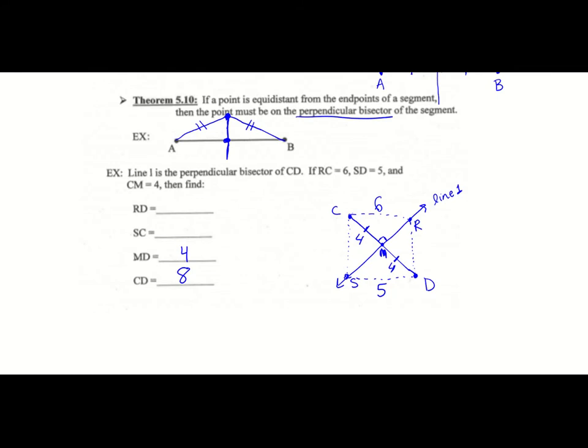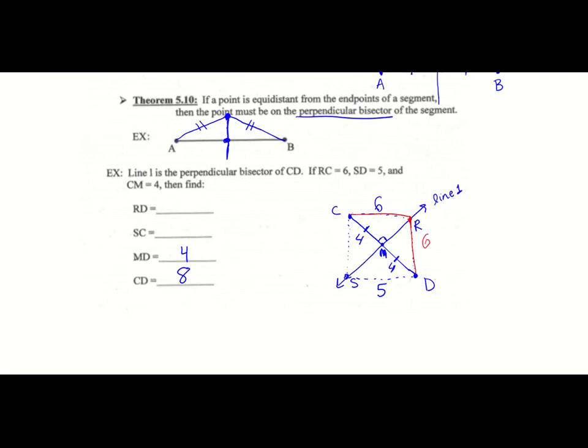Now if I look at my point up here, I know that it is this line 1, is a perpendicular bisector of CD. So if it's a perpendicular bisector, that means any points on that perpendicular bisector are going to be the same distance from either endpoint. So if it's 6 to this endpoint, then I know it's going to be the same distance to this endpoint.